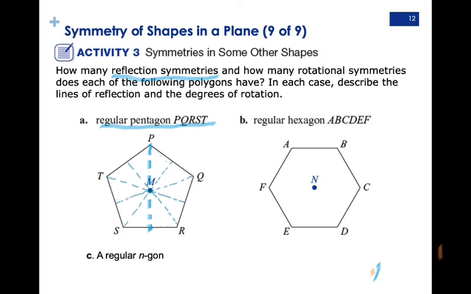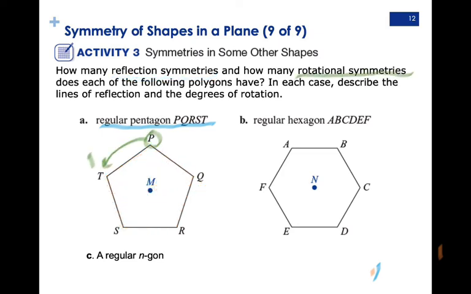So 5 sides, right? 5 vertices, and then 5 of those reflective symmetries. And does that hold for a regular polygon, right? Would that happen if this was not a regular pentagon, if we had one side that was different? Okay, so again, seeing that one side is the same as the other, right, in any orientation.